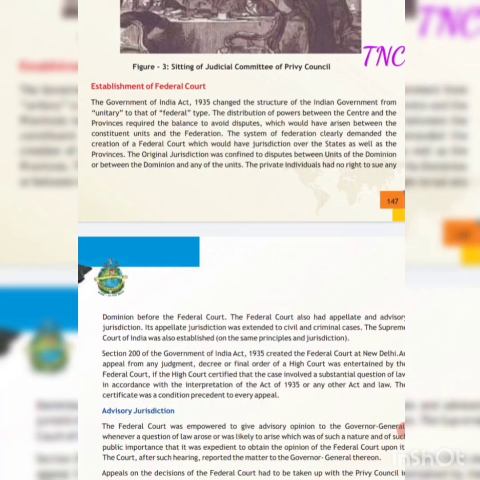And why was there distribution of powers? Because if power was concentrated in one hand, or if it is not distributed in a proper manner as mentioned somewhere, there is a dispute: you don't have this power, it is with me. No, if it is mentioned somewhere, then it's very much clear that this is under your arena and this is under my arena, so as to avoid any sort of future disputes, right?